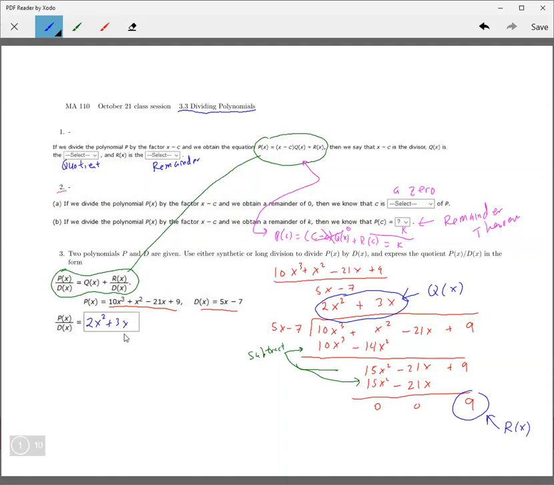So that means you're going to write that as 9 divided by this. And that would be the answer: 2x squared plus 3x plus 9 over 5x minus 7.